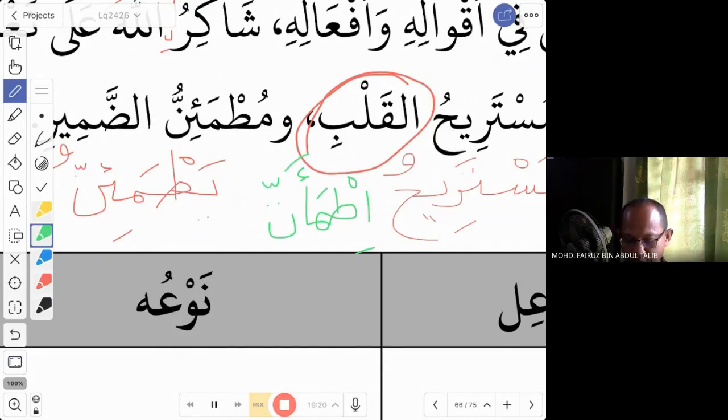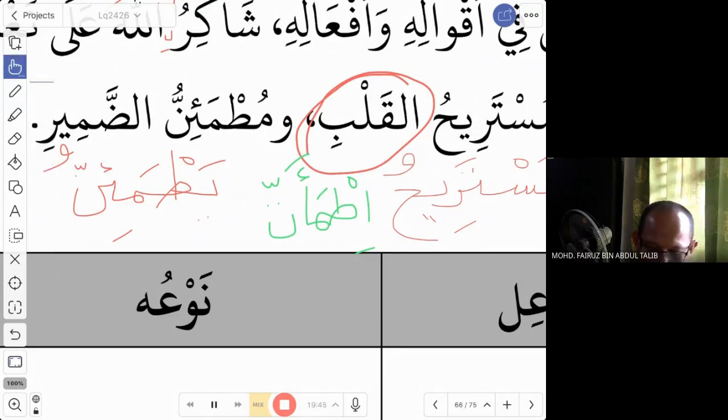So yatma'innu means calm. This is the word we use in tama'nina. We pray and should have tama'nina in our prayer. Tama'nina is from the word yatma'innu, meaning when you pray, you need to be calm. Subhanallah al-azim, be calm. Sami Allahu liman hamida, be calm. Rabbana lakal hamd, don't go too fast. That is the meaning of mutma'in or tama'nina.